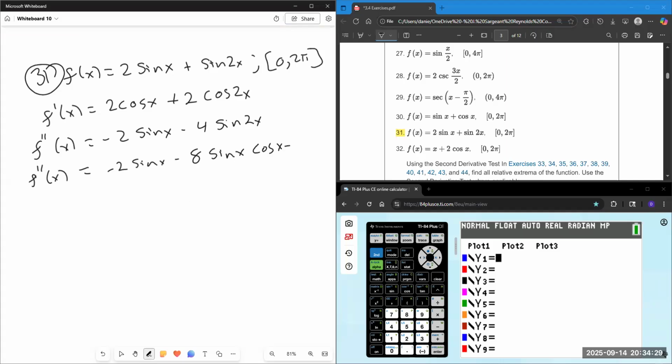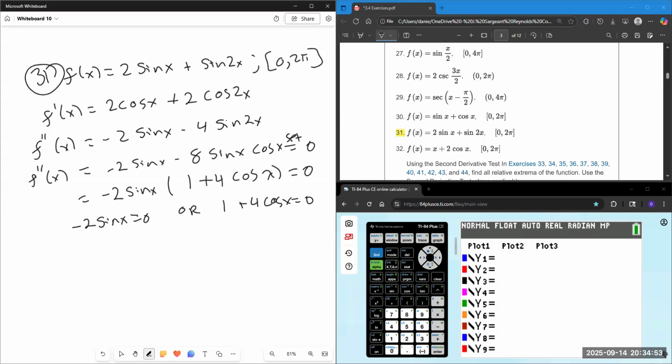Before I set this equal to 0, I'm going to factor out a negative 2 sine x. It's going to be 1 plus 4 cosine of x. So negative 2 sine x is equal to 0, or 1 plus 4 cosine of x is equal to 0. Sine of x equals 0, or cosine of x is equal to negative 1/4.